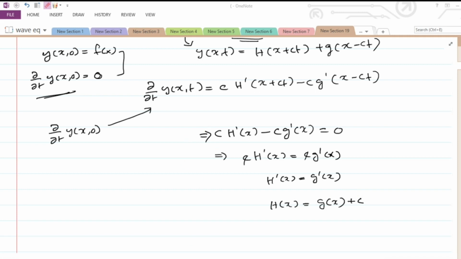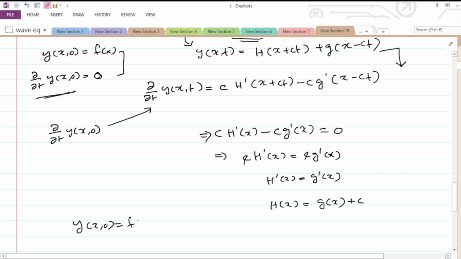Now we will apply the second initial condition on this particular equation, y(x,0) equal to f(x), on y(x,t) equal to h(x+ct) plus g(x−ct).